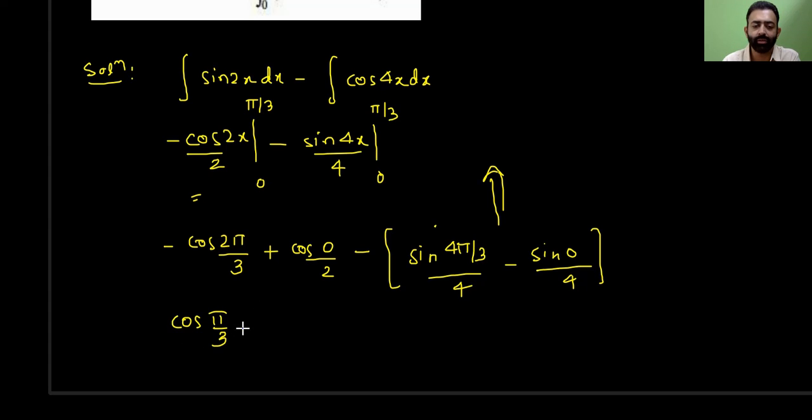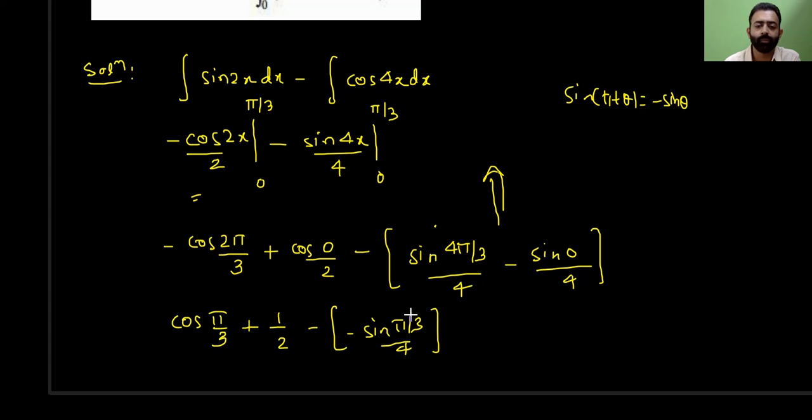Cos 0 is 1, so this is 1 over 2, minus sine 4 pi by 3 over 4. Now 4 pi by 3 means the angle is in the third quadrant, so this 4 pi by 3 can be written as pi plus pi by 3, so minus sine pi plus pi by 3. Now since sine pi plus theta is minus sine theta, this is minus sine pi by 3 over 4, and sine 0 is 0.